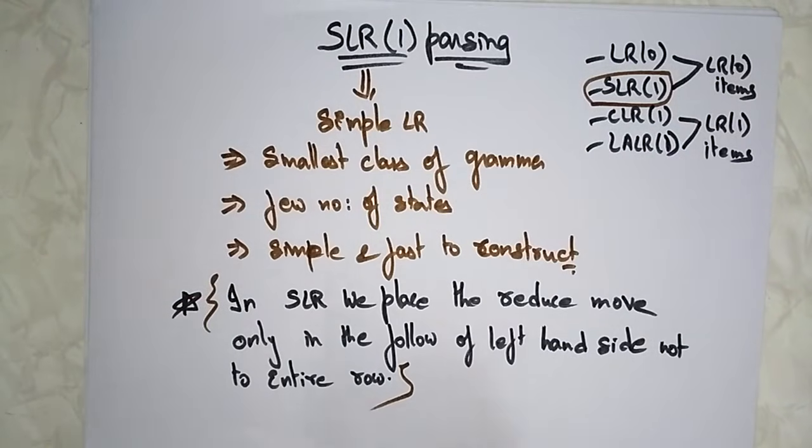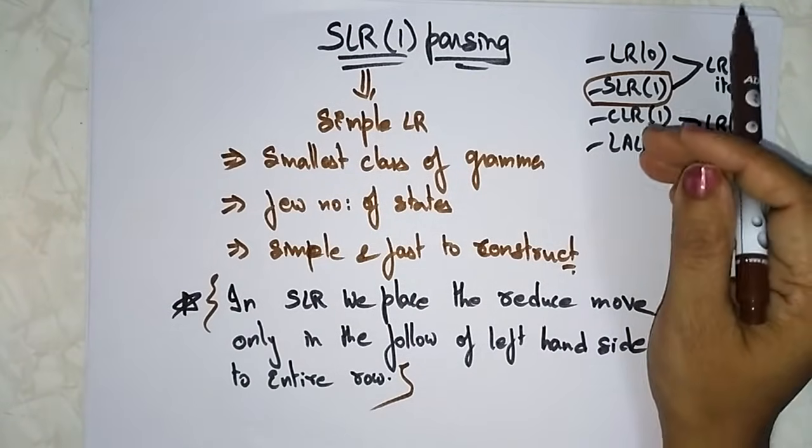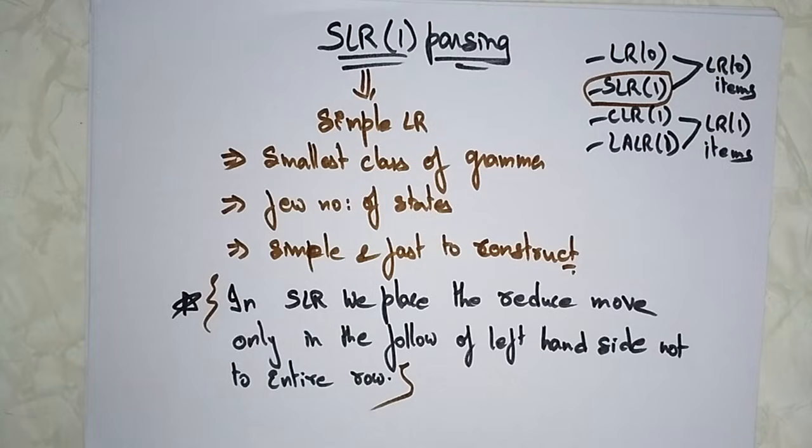If you take the LR(0) items, you observe that you have placed the reduce moves in the entire row. Instead of writing for only one production, you have written the entire row as reduce moves.